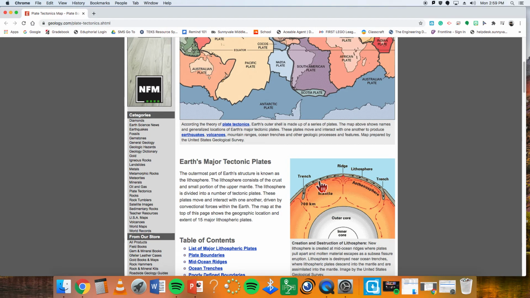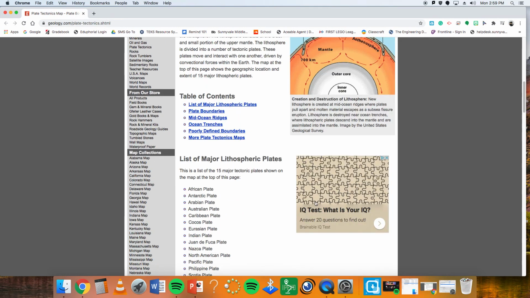As it moves in this fashion, clockwise, the plate drags this way, and then we have this thing called a mid-oceanic ridge, like the Atlantic ridge, and I'll talk more about that during divergent boundaries.